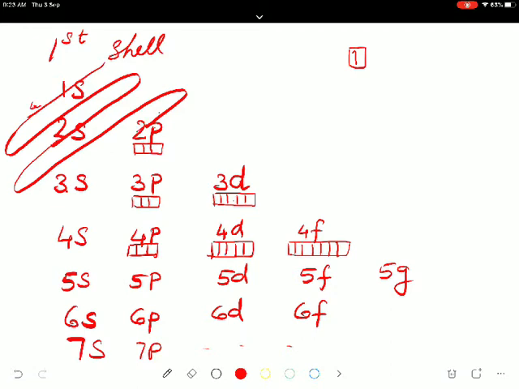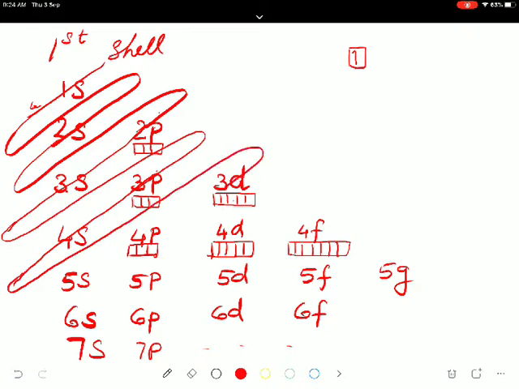So you have to see that first 1s, then 2s, then 2p, then 3s. After 2p, 3s. After 3s, then 3p. Then after 3p, not 3d. After 3p comes 4s. After 4s only will 3d be filled. After 3d, 4p will be filled. After 4p, 5s will be filled.